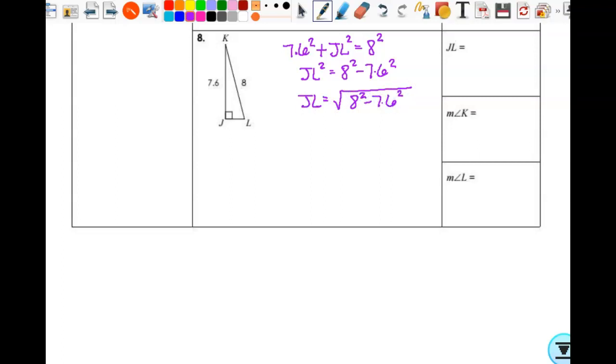Will that square root just knock off those squared signs, and I just have 8 minus 7.6? No, 1000% no. If so, why do we even square them in the first place, right? But now that I have this, type it in the calculator like that, and you're not having to square something, then subtract, and so on. It's all in one step.